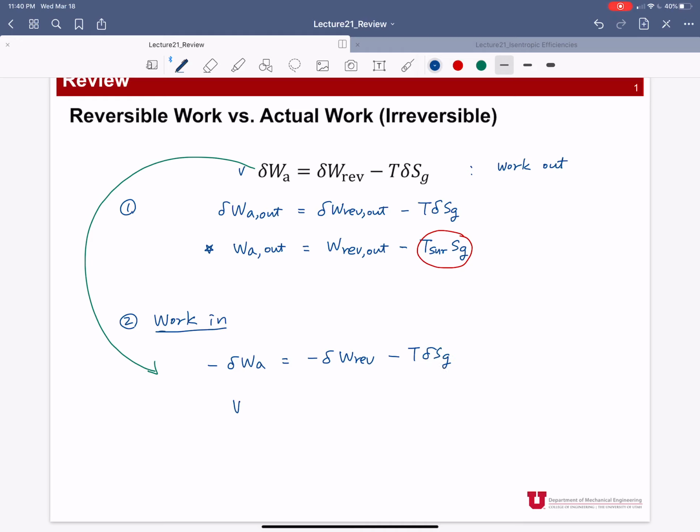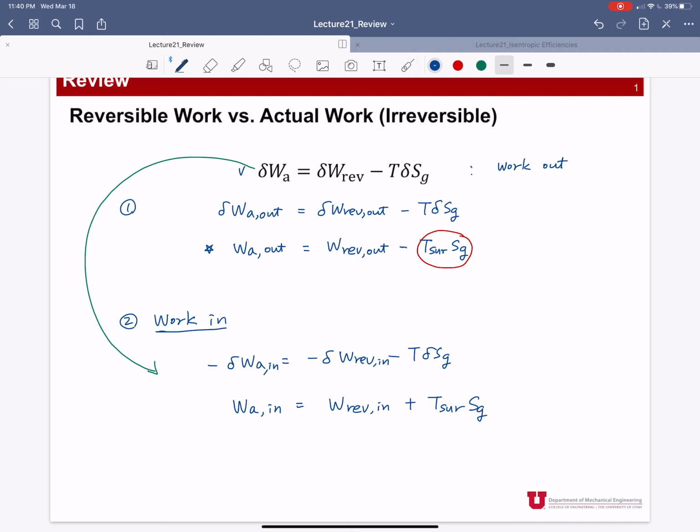So the actual work that your system needs equals the reversible work that your system needs plus T surroundings times entropy generation.